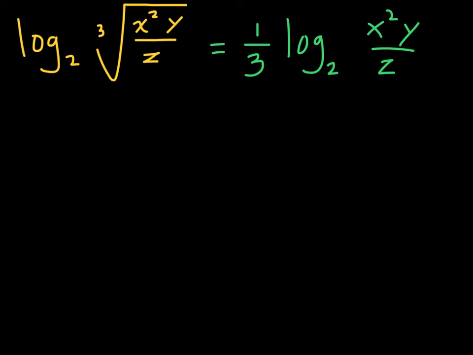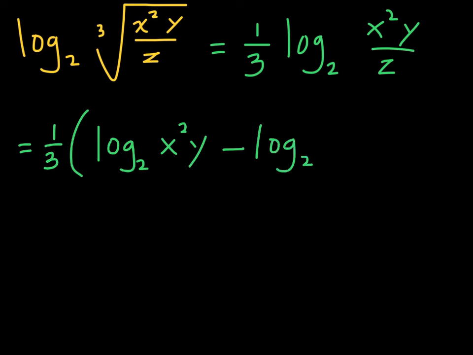Now, let's undo this division right here using the quotient rule. Keep 1/3 out in front of everything. I'm actually just going to open up a set of parentheses. So you're going to have log base 2 of the numerator minus log base 2 of the denominator. This last term is fine. It's log base 2 of a single quantity, z.